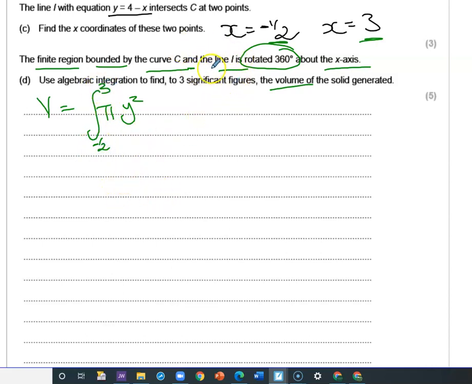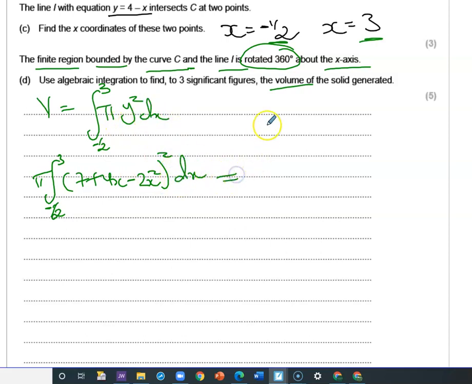Since both graphs will be rotating, we would need to rotate the quadratic, which in this case is 7 add 4x minus 2x squared, dx. Don't forget our dx.